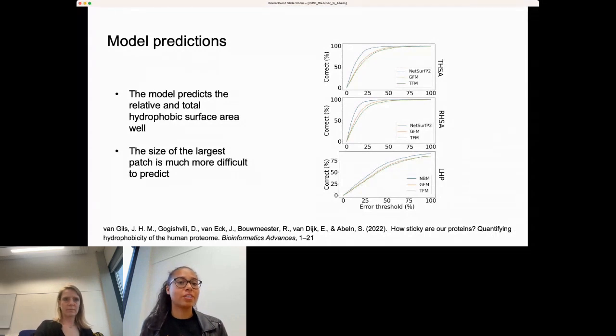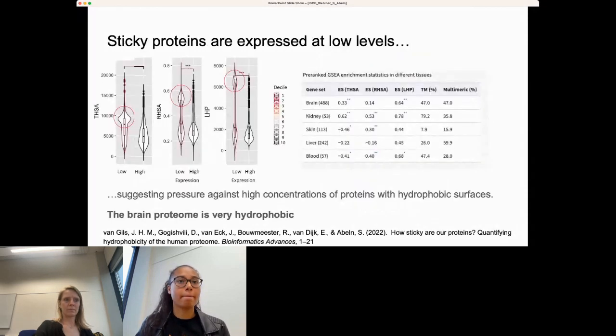The next question we had is, how does this relate to the human proteome? If we go to the next one. Yes. We used our prediction model to make predictions for all proteins in the human proteome, so we took all the UniProt sequences and made the prediction. Then we wanted to relate this to expression.